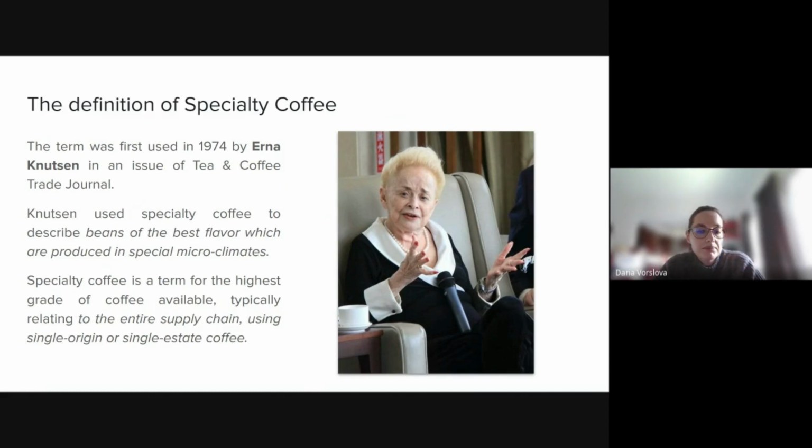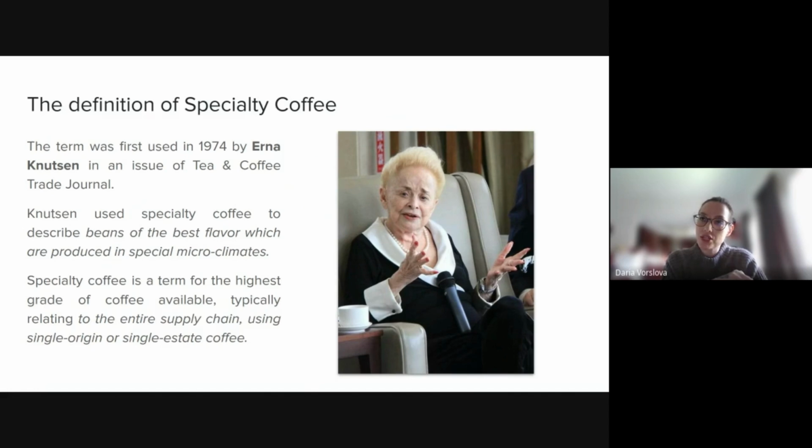And even here, it's important to draw your attention to this: specialty coffee is a term for the highest grade of coffee available, typically relating to the entire supply chain, using single origin or single estate coffee. So here is an important thing to pay attention to.